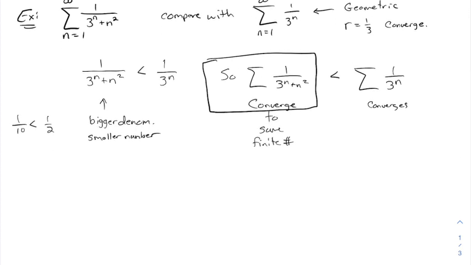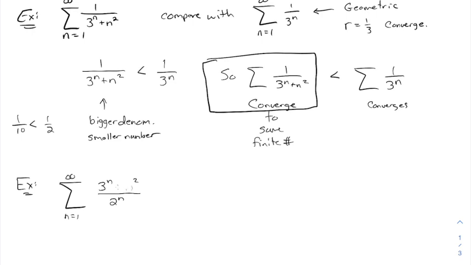Let's look at one more example while we're doing this. Suppose we have 3 to the n plus n squared over 2 to the n. Now, this is not quite a geometric series.